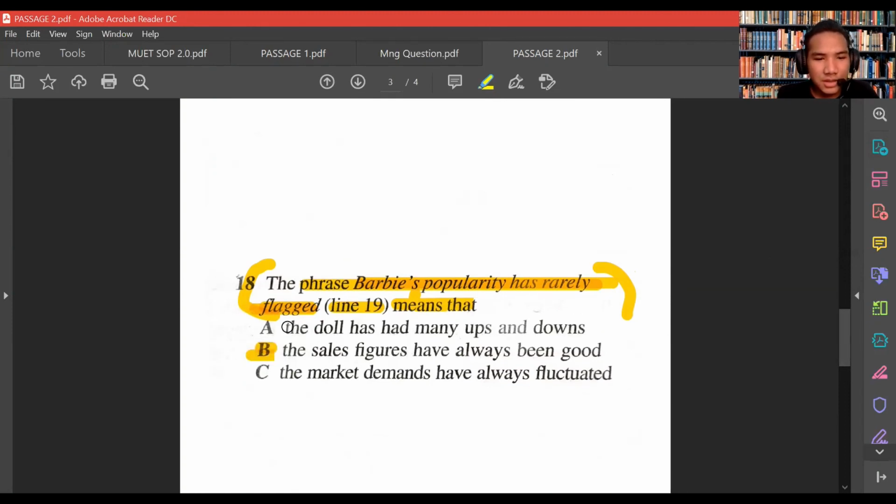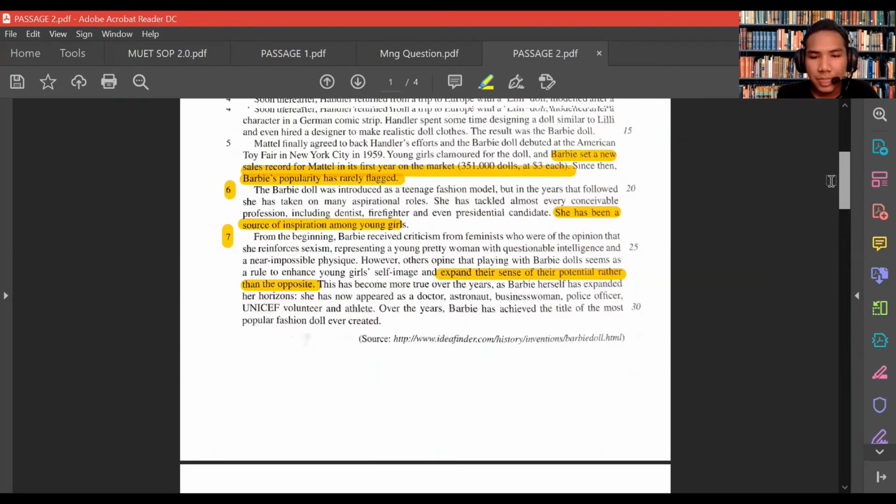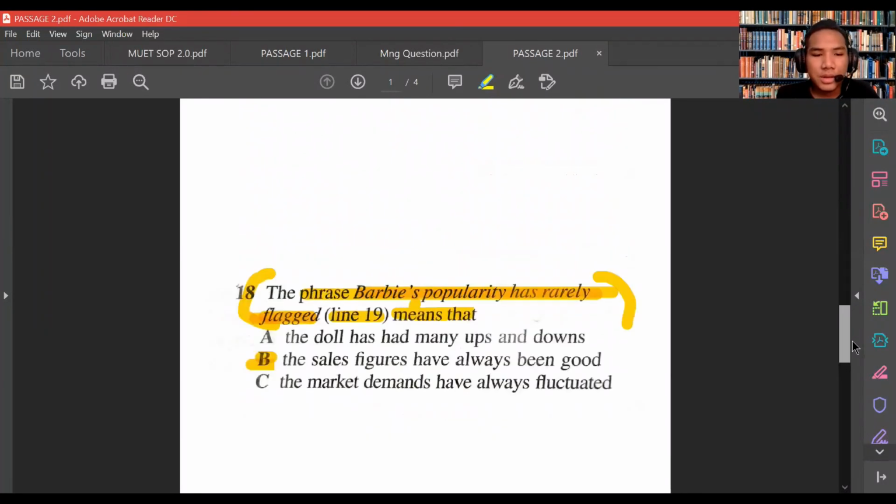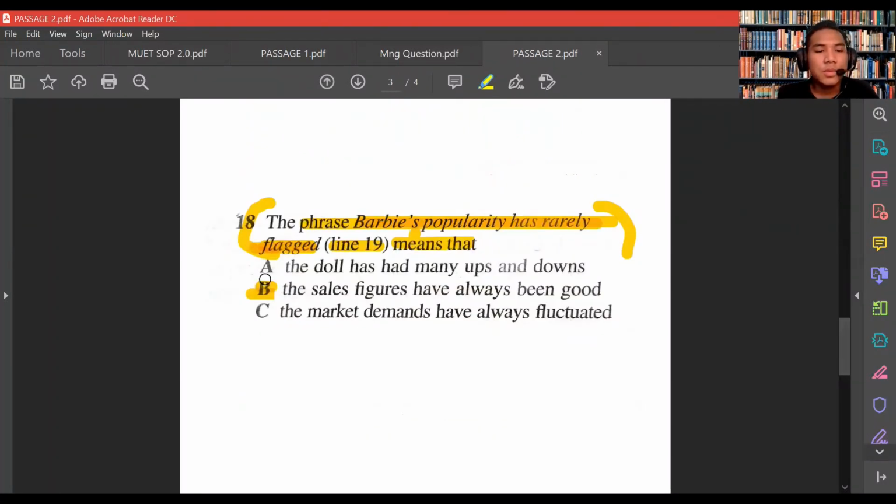Answer A doesn't really define the meaning of "Barbie's popularity has rarely flagged," as it says that the doll has had many ups and downs, and the market demands have always fluctuated. Also, it is not related to the information provided in the passage. Therefore, answer B is the most suitable answer for the meaning of the phrase "Barbie's popularity has rarely flagged."